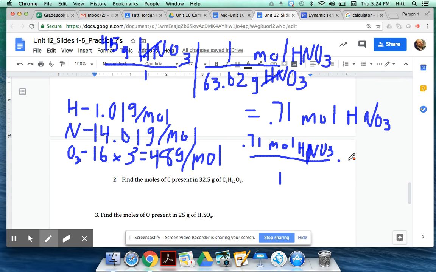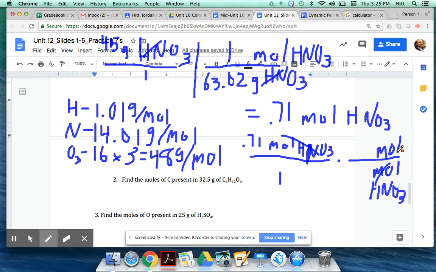And I'm going to convert to moles. You always want to have the same unit on the denominator of the next one you're converting. So right here, this has got to be HNO3. So that cancels, and then this is going to be moles of just H.